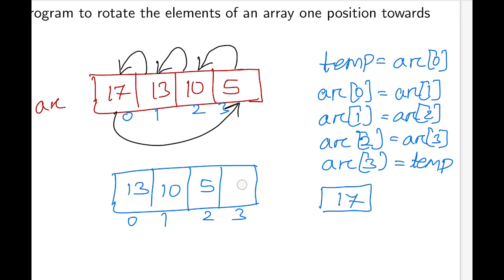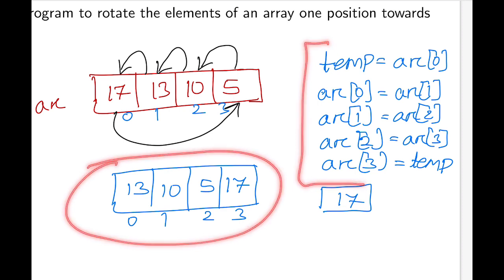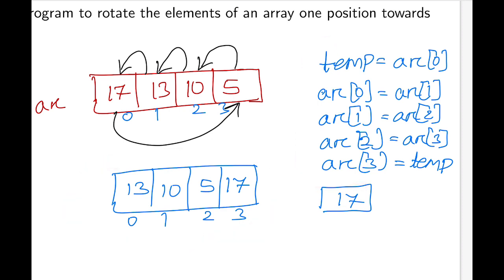That means this 5 is overwritten by 17. So after executing these statements, we are going to get the desired result. That means we are going to get 13, 10, 5, 7, 17. And in this way, one position is shifted towards left.